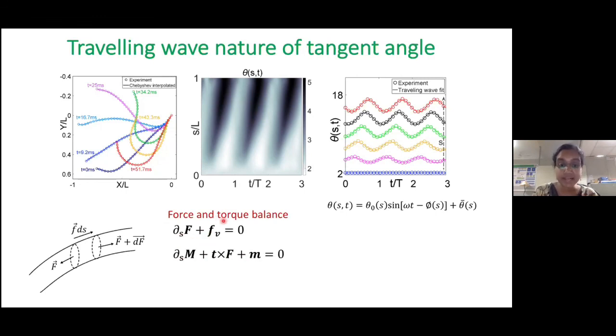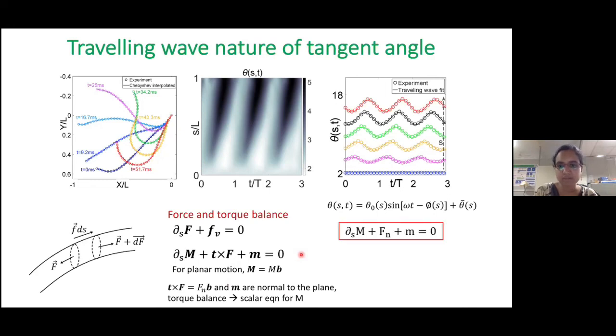You can similarly write a torque balance equation, or the moment balance equation. And because we have planar motion, what you will find is that the moment balance equation will actually become a scalar equation, where this capital Fn can be extracted from the force balance equation, and you can see that it will be related to the viscous force.